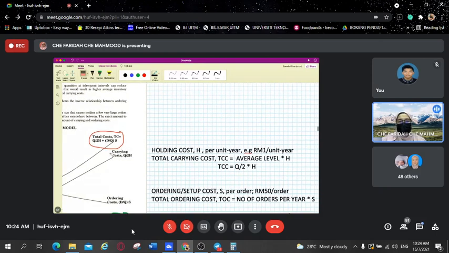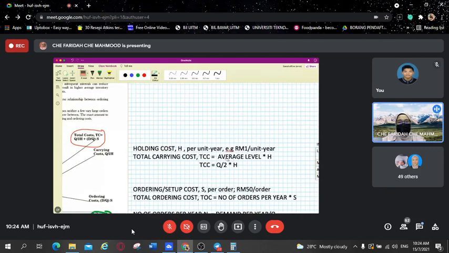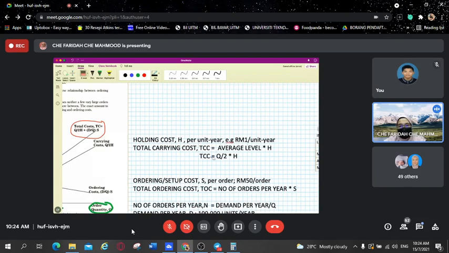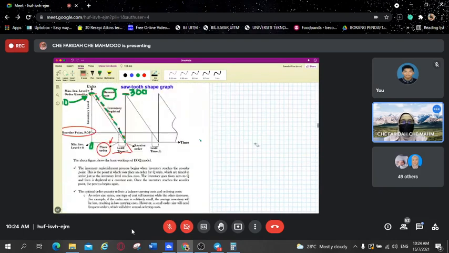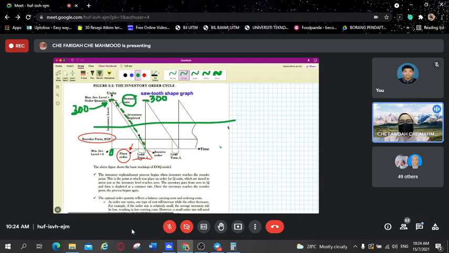Okay, when we are trying to find the total carrying cost, the formula ni ialah average inventory level times H. Remember this one? Average inventory normally is straight line, ialah Q over 2.